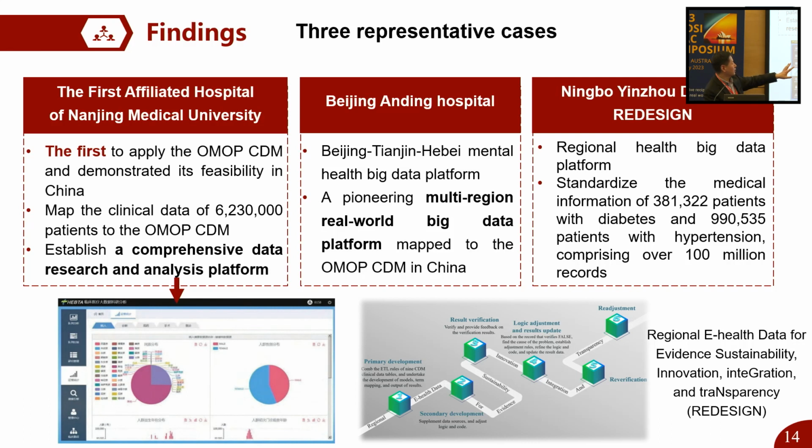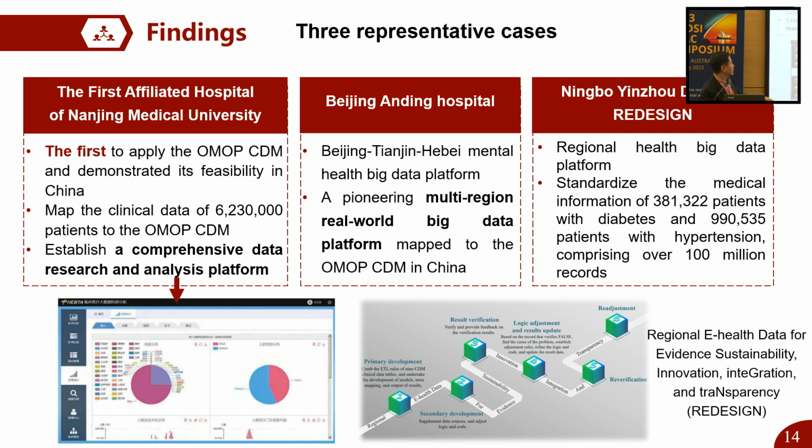They give us 3 examples. The first one is a hospital affiliated with Nanjing Medical University, and this one converted a pretty big amount, more than 6 million records, into an OMOP model. I happen to know this work because I know the president of this hospital and how they did it.